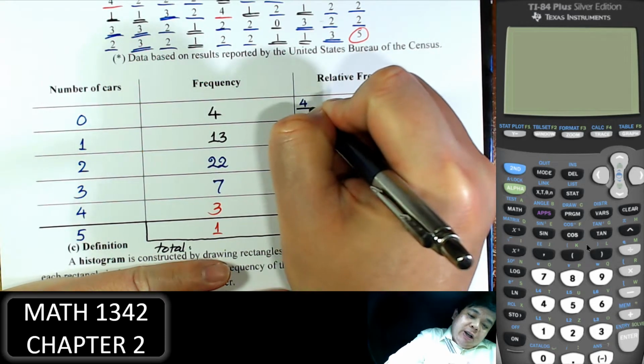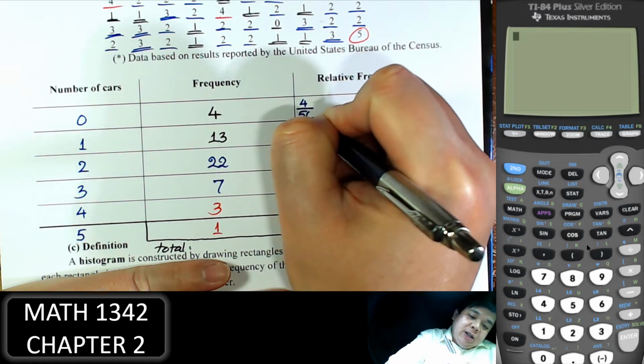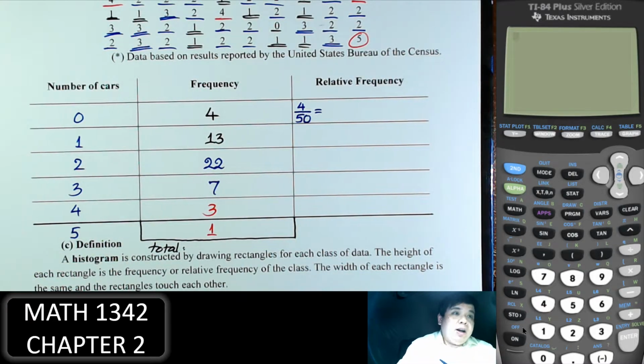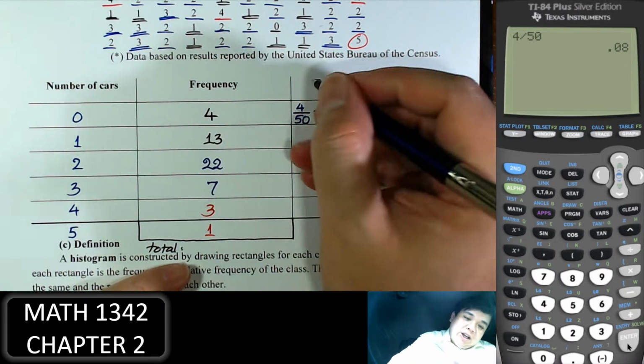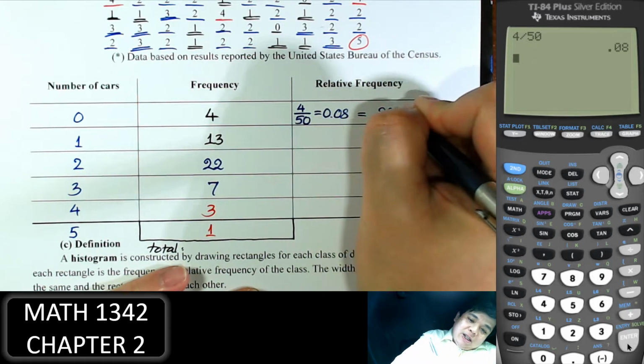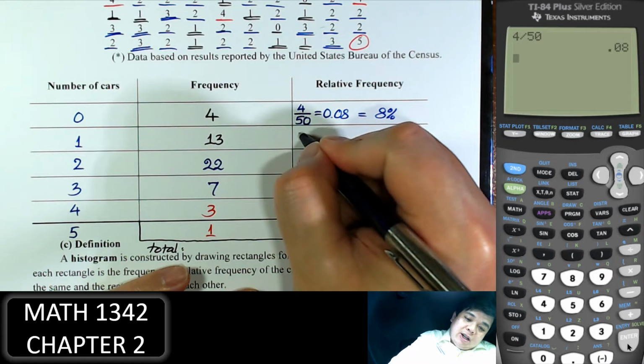4 over 50. Dividing by 50 is like multiplying by 0.2. I mean 0.02 to be exact. So 0.08, which is 8%. 13 over 50.